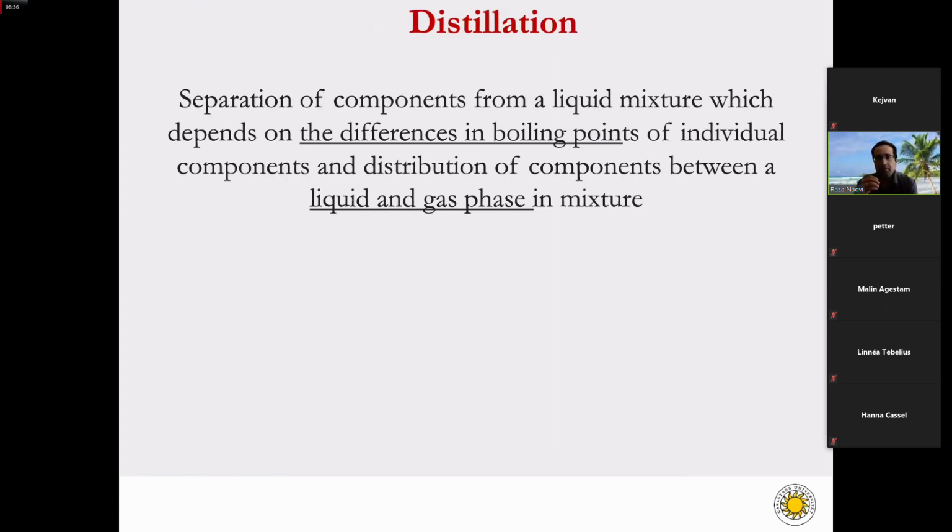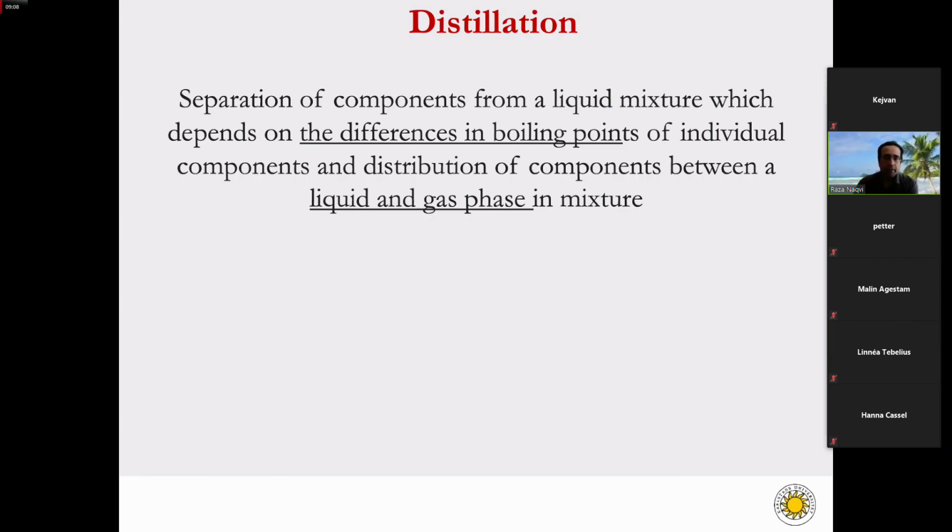Distillation is a very complex process in terms of operation, but in reality, by definition, it is a very simplified version of separation on the basis of the boiling points of individual components, right? So we separate the components of a liquid mixture on the basis of their difference in boiling point, or differences in their volatility, right?